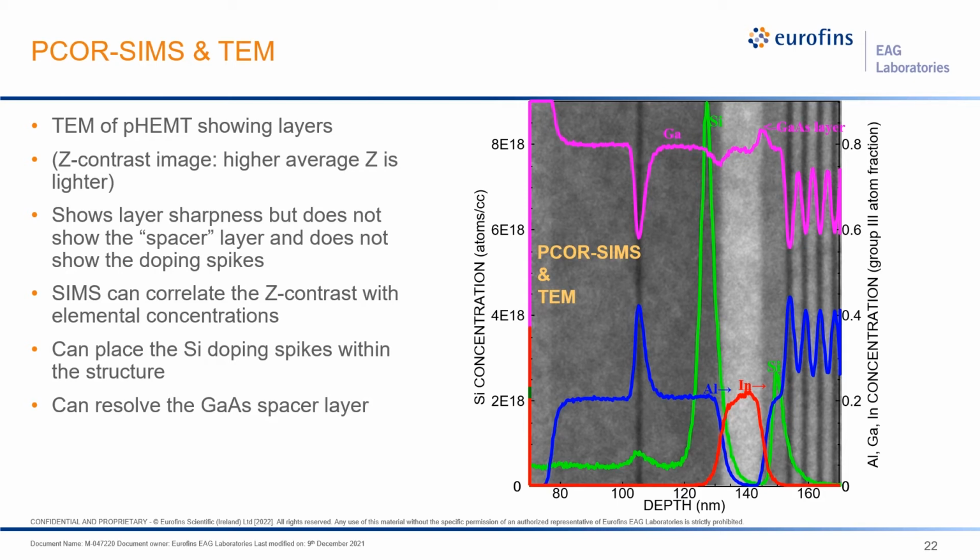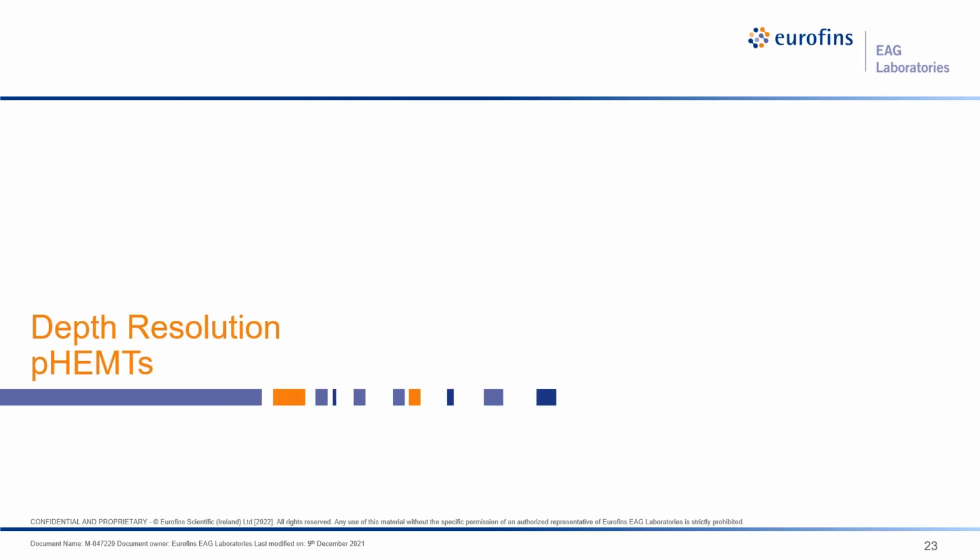SIMS in this particular case is giving you an idea or a method to compare from one sample to the other sample. And more importantly, in the pHEMTs, these planar dopants or the delta dopants around the InGaAs channel region. And we're going to see a lot more examples of that.